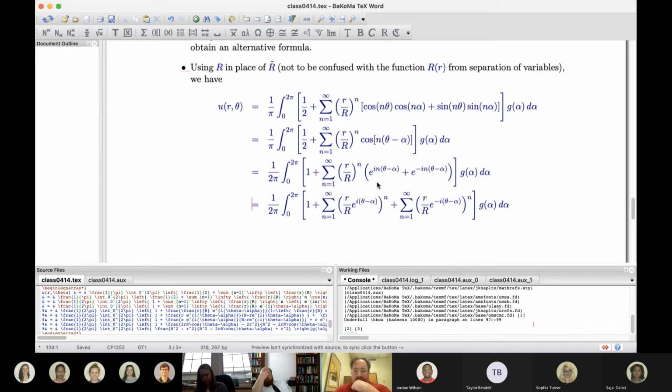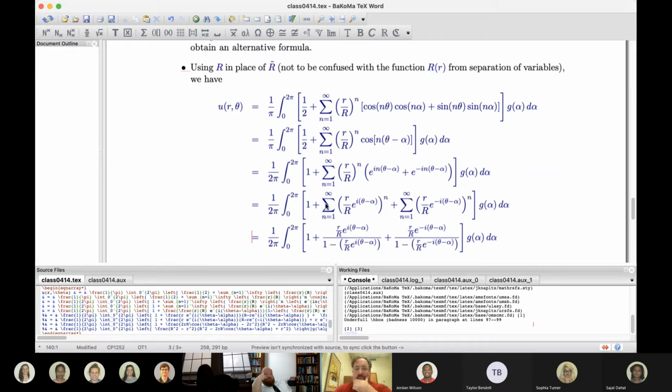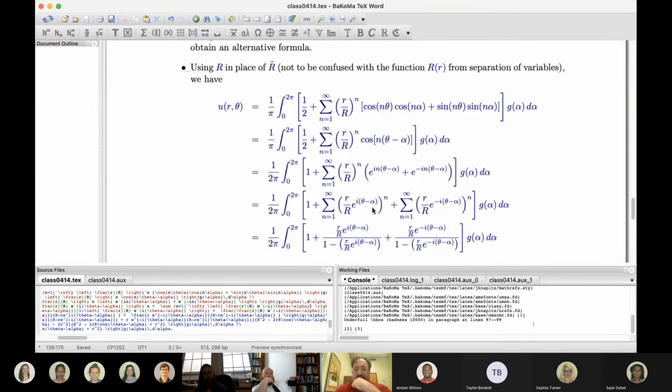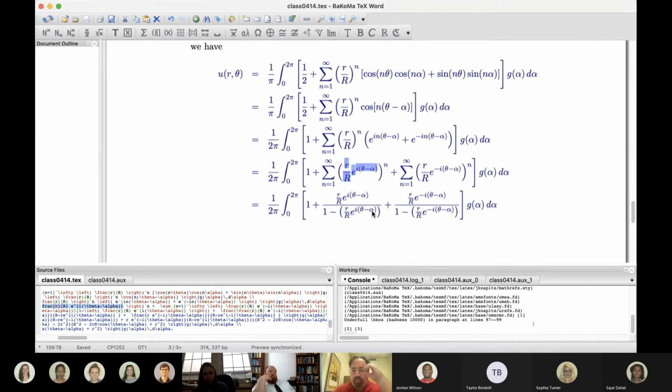And all I've done here is just break a summation into 2. Now, in both cases, these sums are geometric series. The sum of a geometric series, when you have some number that's less than 1 in absolute value raised to the nth power, is equal to the first term divided by 1 minus what's being raised to that power. So the general formula for the sum of a geometric series is what I've applied here and here.